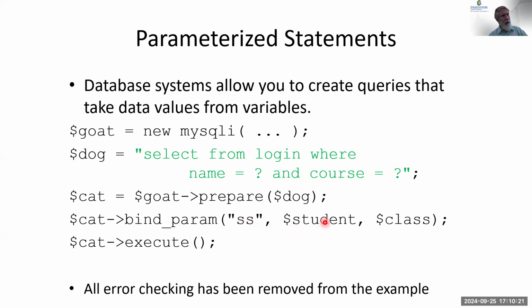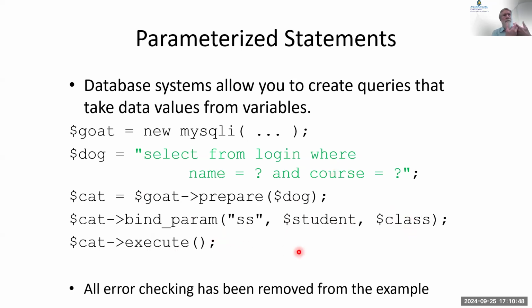Again, I don't expect you to know SQL or PHP, but what's going to happen is it's going to take this first variable and execute the query with the data from that variable. It's not going to concatenate the string. It's simply going to execute the query. When it looks for a name, it's going to take the value that you put in student. When it looks for a course, it's going to take the value you put in class and then execute that statement.